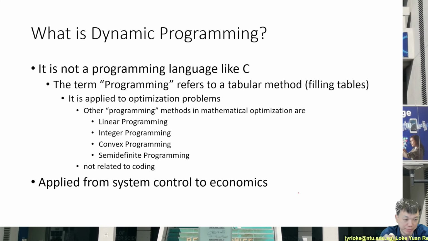Then you need to use linear programming to solve it. If the objective function is a linear function, then it's linear programming. If the solution must be integer, then it's integer programming. In short, a lot of times people misinterpret and think it's a programming problem. It's a programming problem, but it's not a coding problem like you thought.